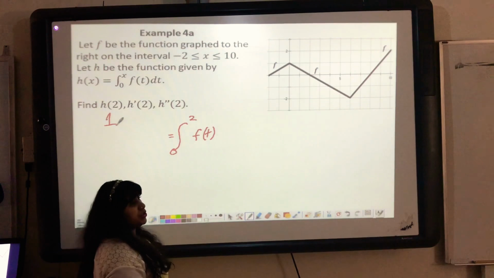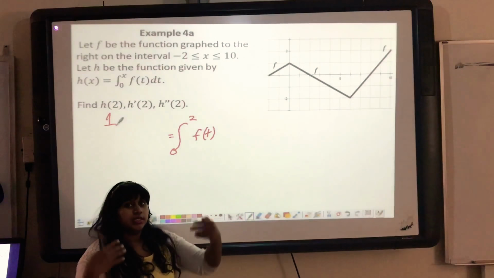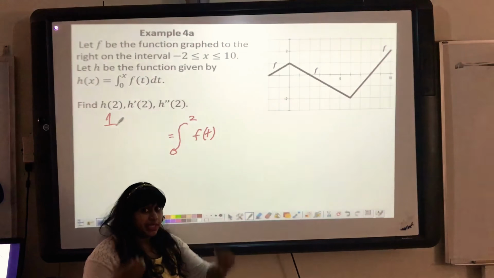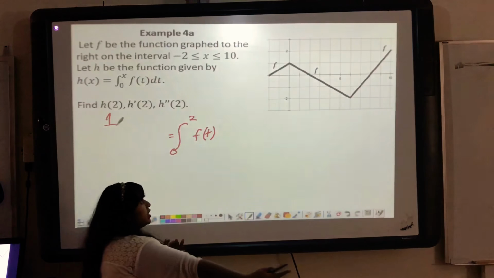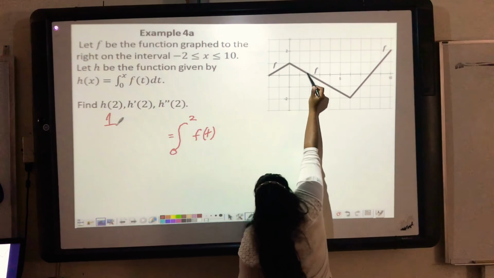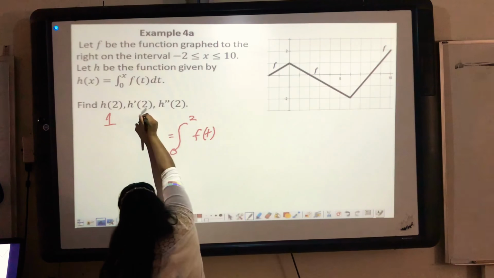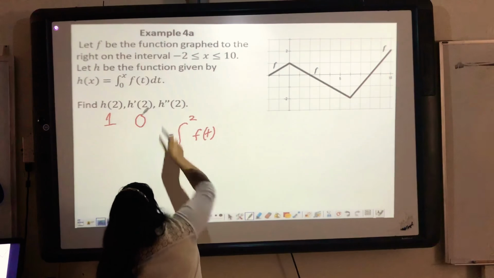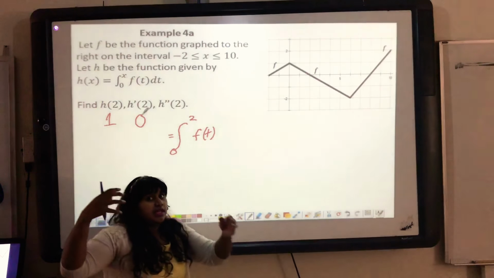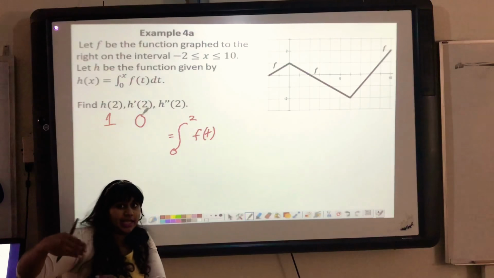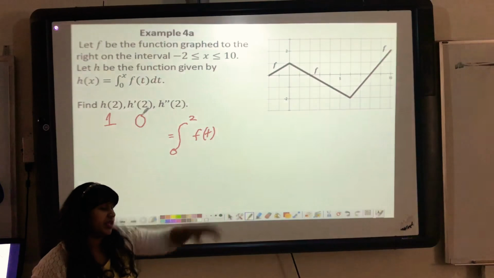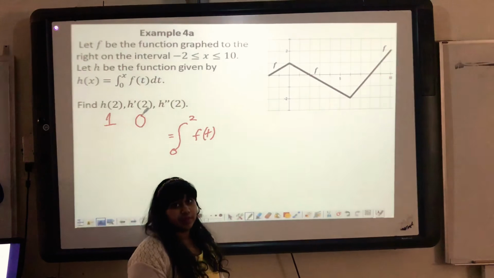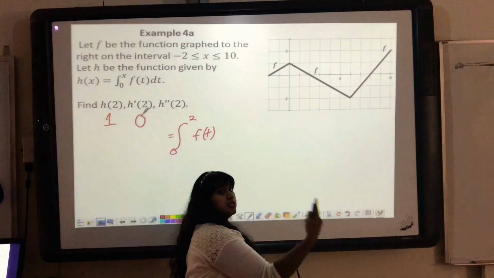Then h prime of 2 is the derivative of the integral. The derivative of the integral is just my function. So what's my value at 2? 0. H double prime, so that's the integral's second derivative, is simply the original function's derivative, which is my slope.